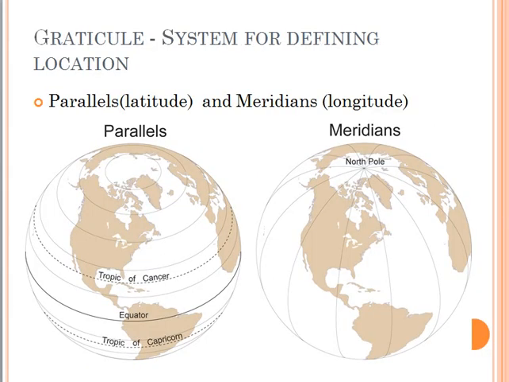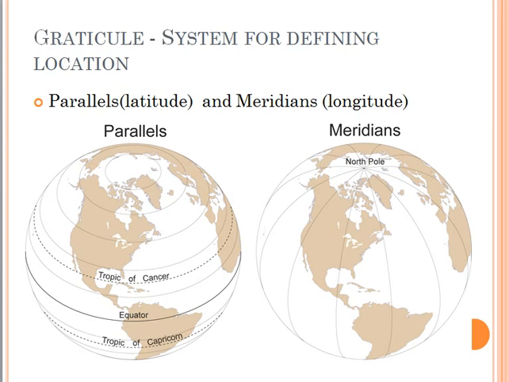So when we look at the grid system used to locate places using absolute location, there are two systems of lines. One is the latitude lines, or the parallels. The second is the longitude lines, or the meridians.